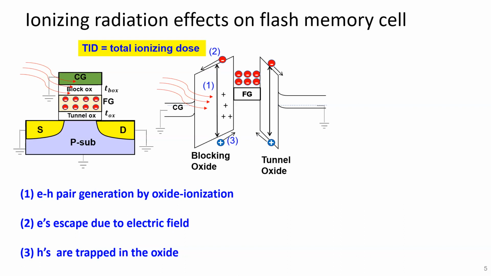Let's look more carefully at this energy band diagram, where you can see that after ionization of the oxides, the electrons, which are shown as a red circle, leave the oxide because of the inbuilt field in the oxide, and the holes remain inside the oxide or get trapped. As a result, the charge builds up in the oxides, or you lose stored electrons from the floating gate, and you lose threshold voltage. So that's the reason why flash is vulnerable.